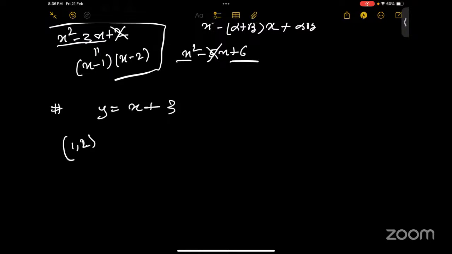Suppose you have to calculate the line L, which is parallel to y and passing through the point (1, 2). What will be the equation of the line?